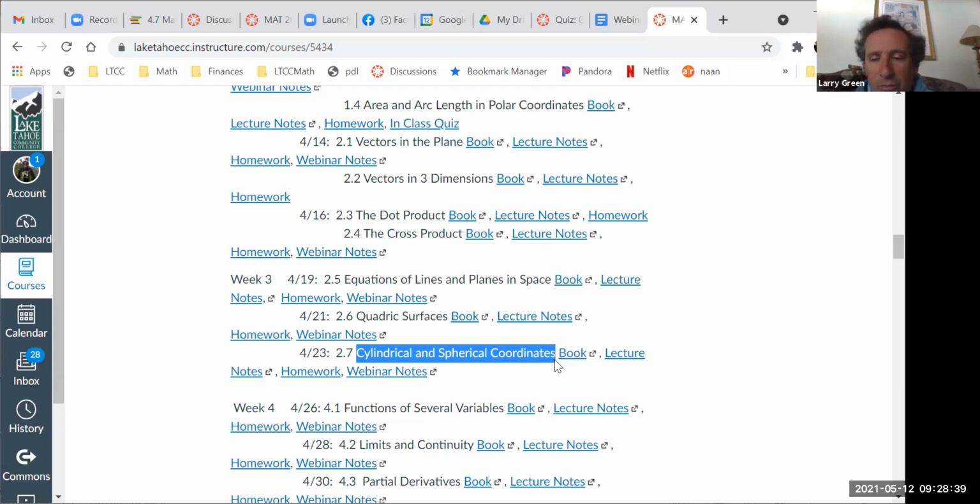Y equals rho times the sine of theta times the sine of phi, and z equals rho times the cosine of phi. Okay, so you should be able to go back and forth with cylindrical and spherical coordinates.